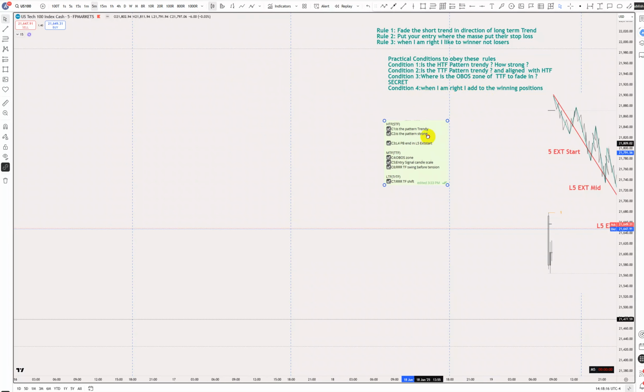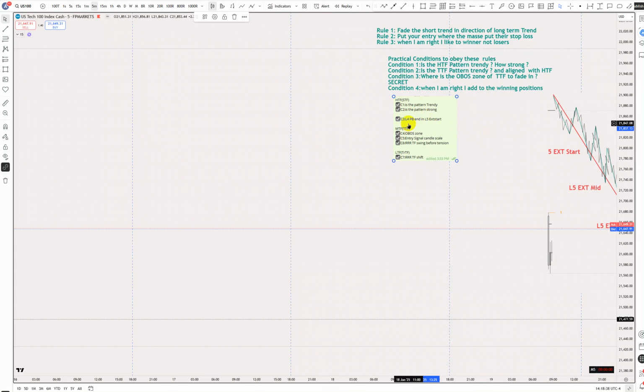Now here you can make your own checklist. I have tried to write this step by step. Is it a trend pattern, meaning is the higher time frame trendy? Do we have a strong trend condition? And is our leg four actually here?